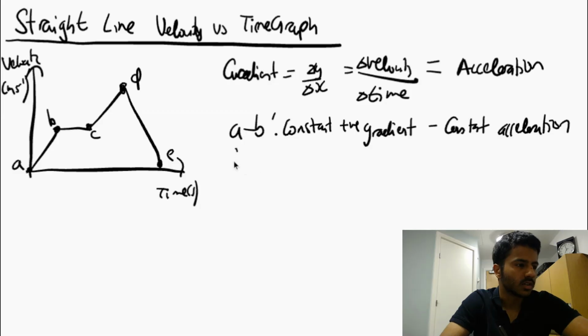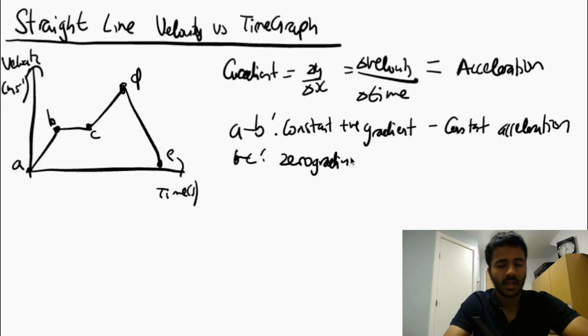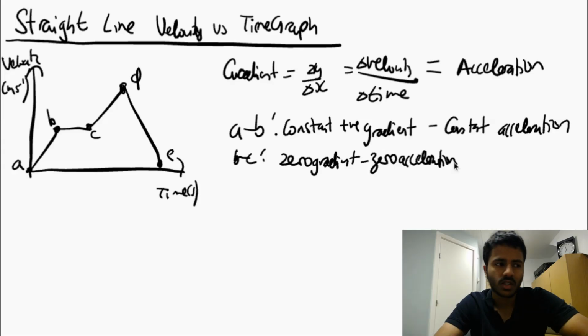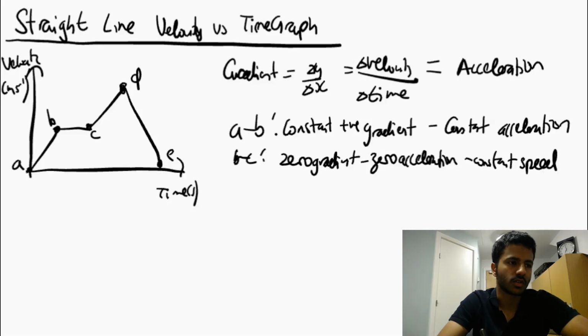B to C, zero gradient, and that means you have zero acceleration. And what that means is you also have a constant speed. If you have zero acceleration, that means you have constant speed, or I should say constant velocity.